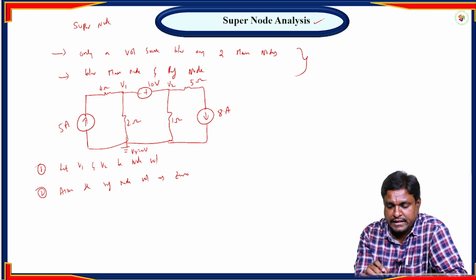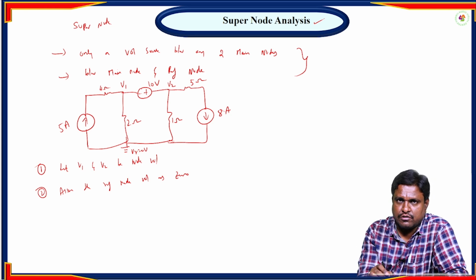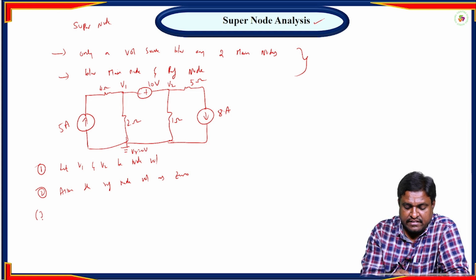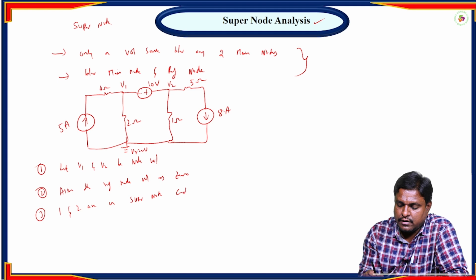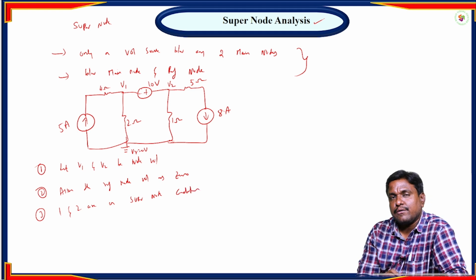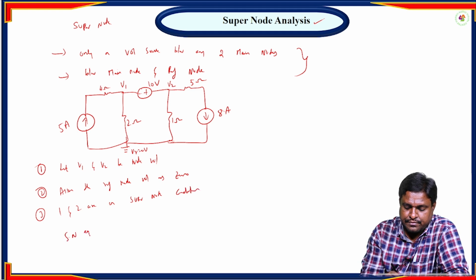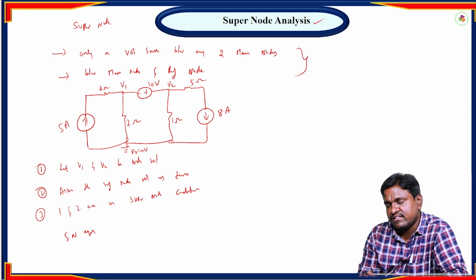Here in this particular problem, we have a 10 volt source between nodes 1 and 2. So that is the third step: nodes 1 and 2 are in supernode condition. So I have to write the supernode equation. How to write this equation?